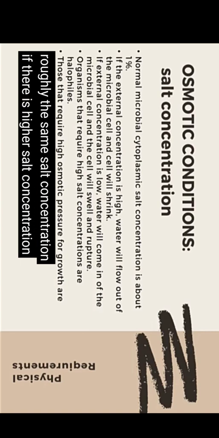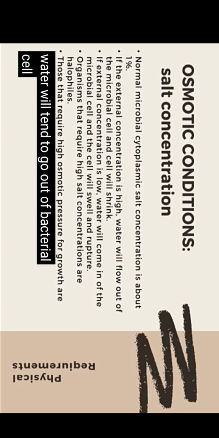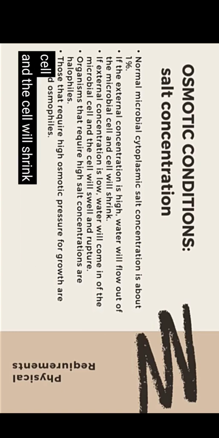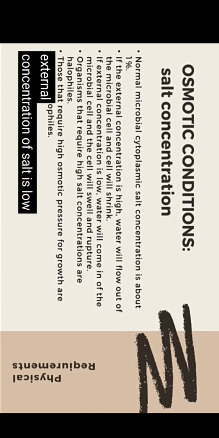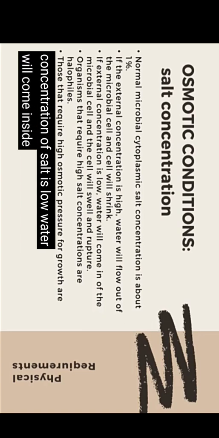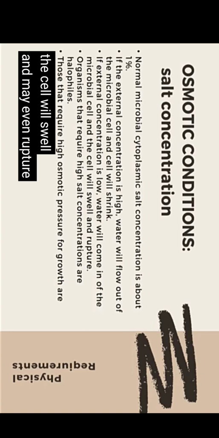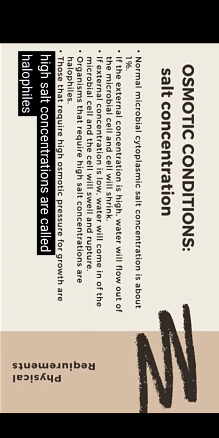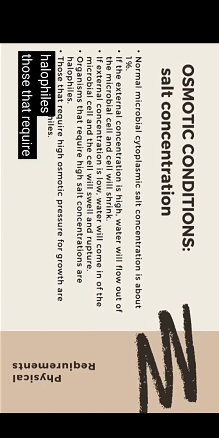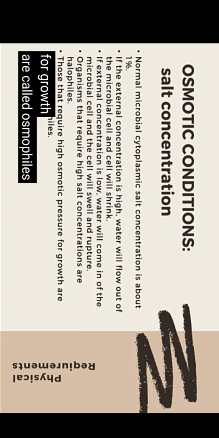If there is higher salt concentration in the environment, water will tend to go out of the bacterial cell and the cell will shrink, but if the external concentration of salt is low, water will come inside the microbial cell. The cell will swell and may even rupture. Organisms that require high salt concentrations are called halophiles. Those that require high osmotic pressure for growth are called osmophiles.